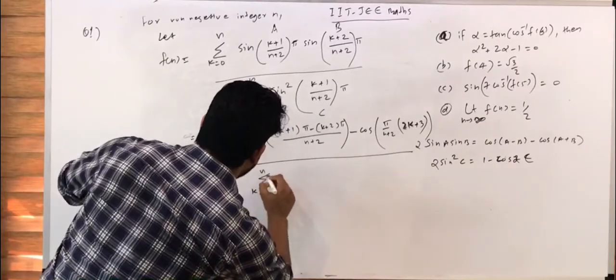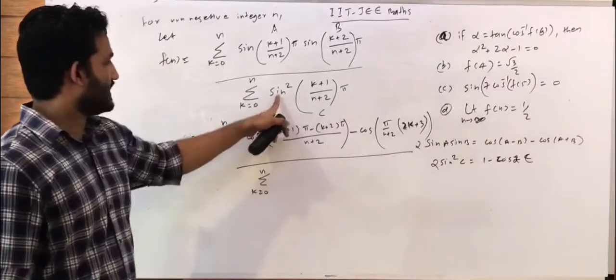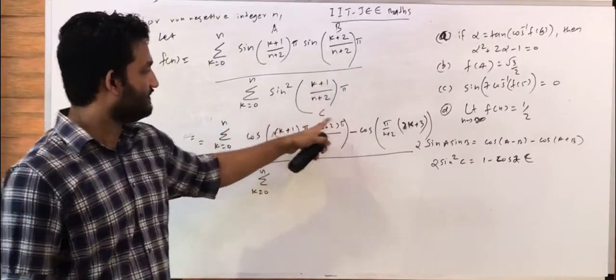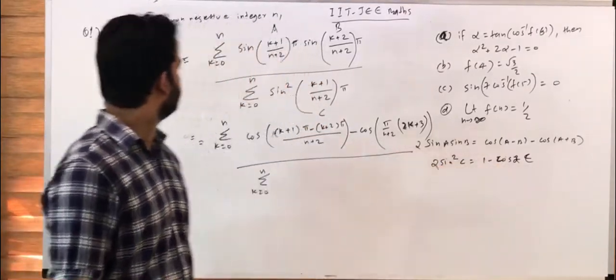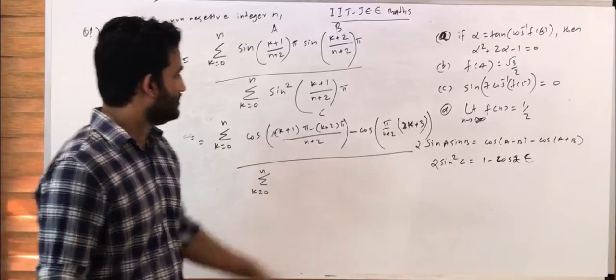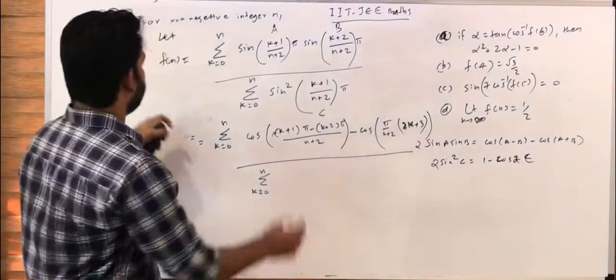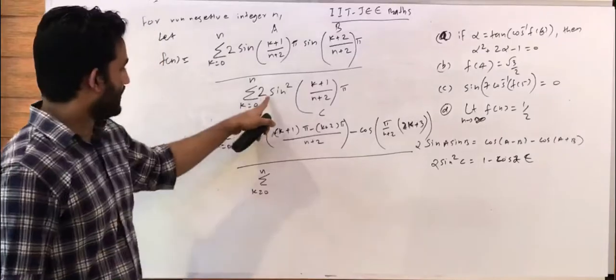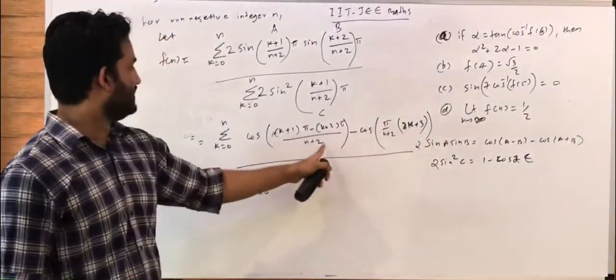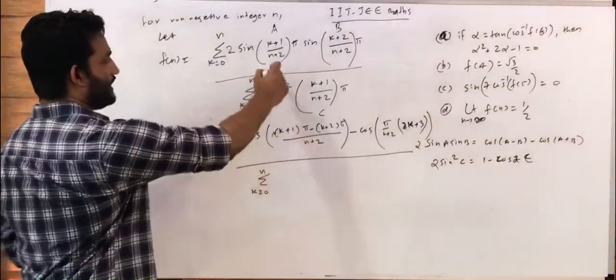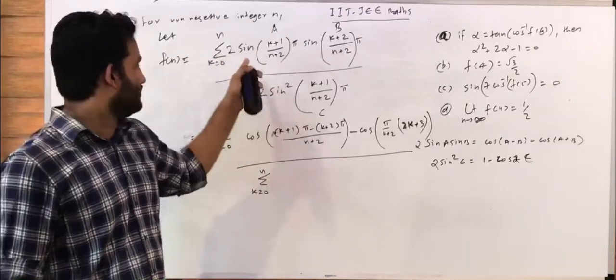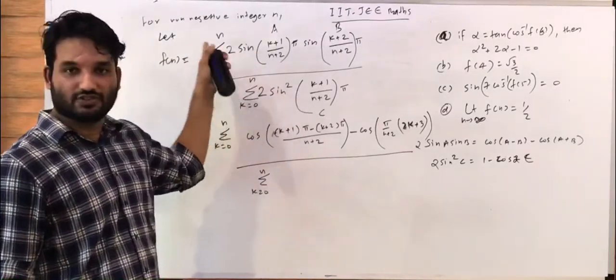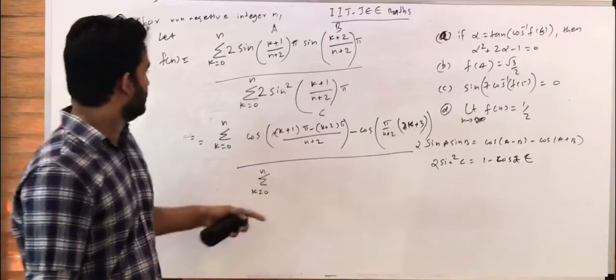Then the sum, k varies from 0 to n, of sine square c. We can convert it by multiplying numerator and denominator by 2. Then only we can convert in this form, because we can multiply numerator and denominator by 2 and take it inside, since it's a constant.